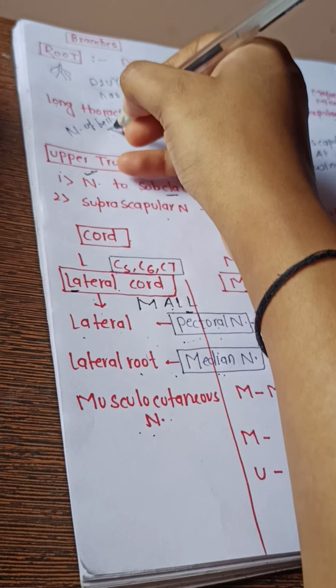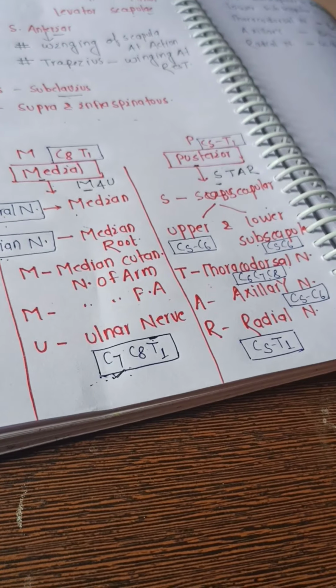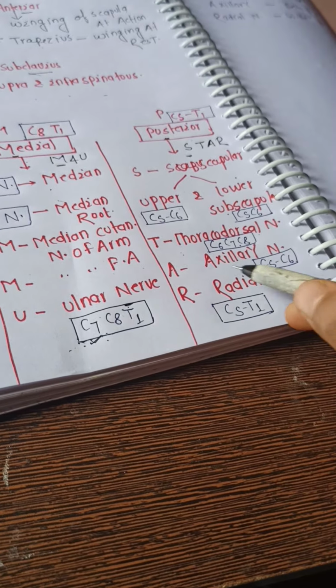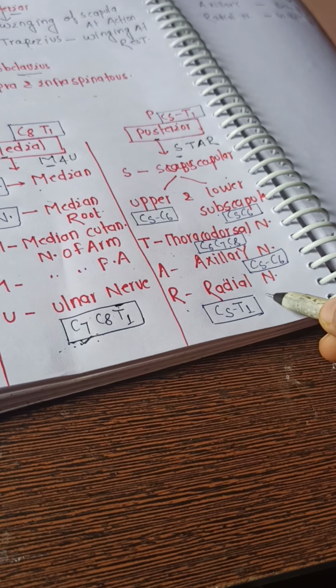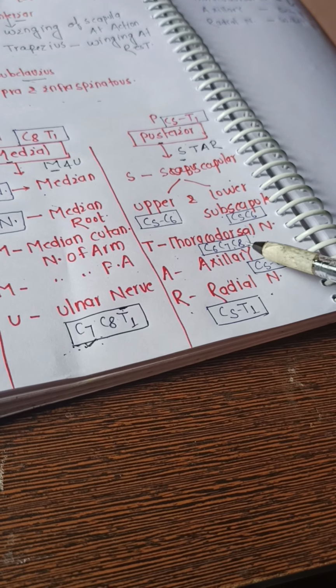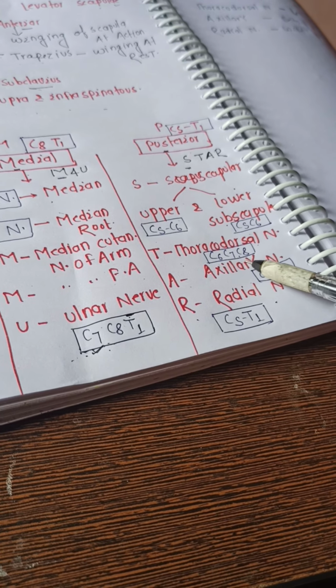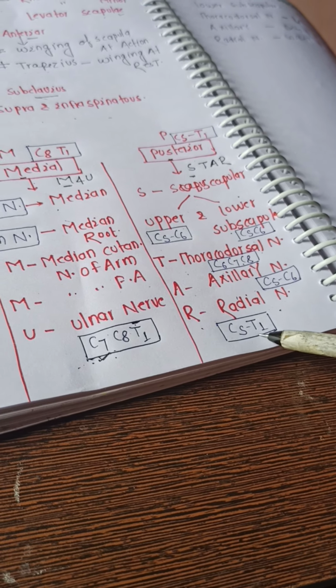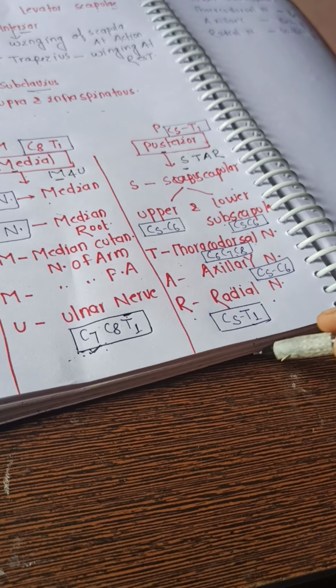The Bell, it's important. And A for the axillary nerve, R for the radial nerve. The root value for the upper and lower subscapular is C5, C6, thoracodorsal C6, C7, C8, and the axillary is also C5, C6, and the radial nerve is all the posterior cord, C5 to T1.